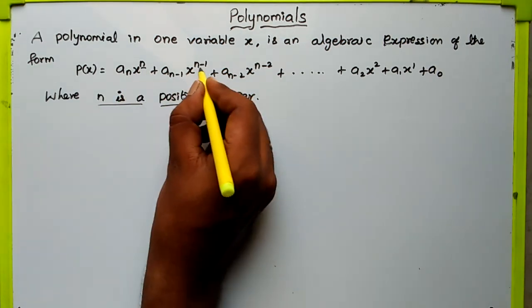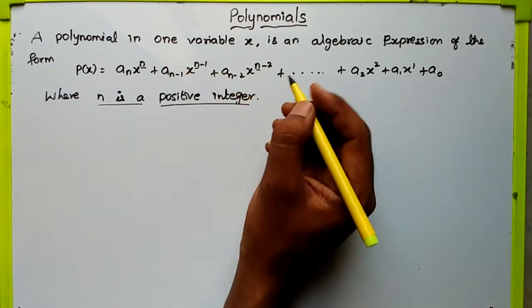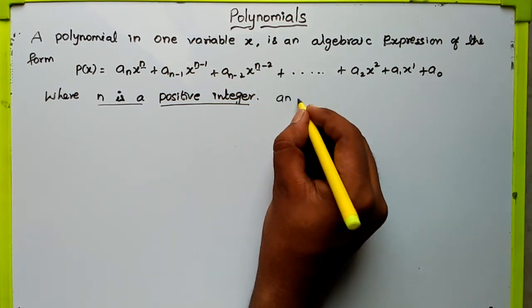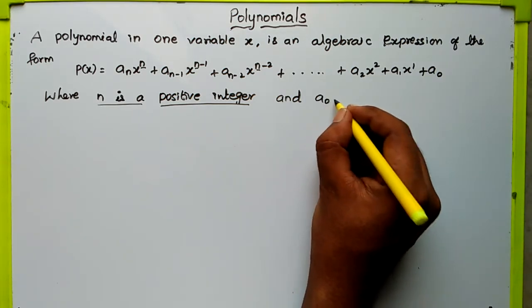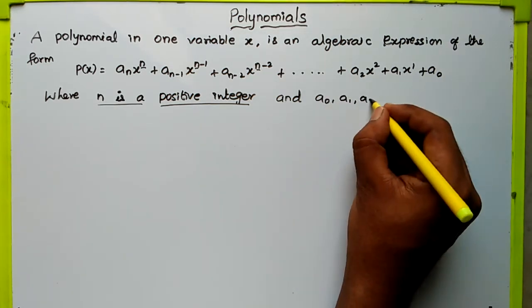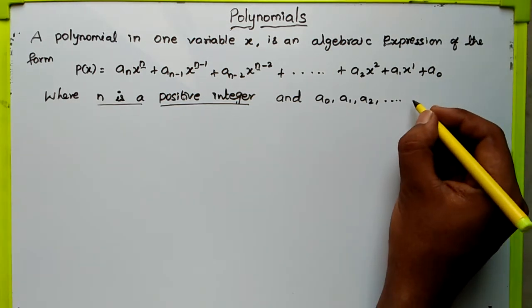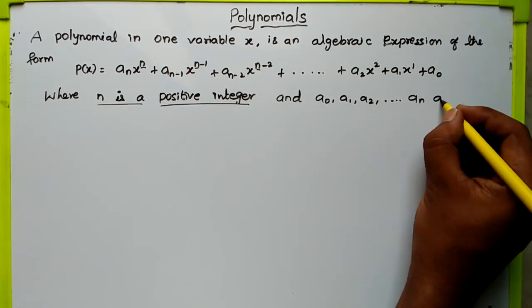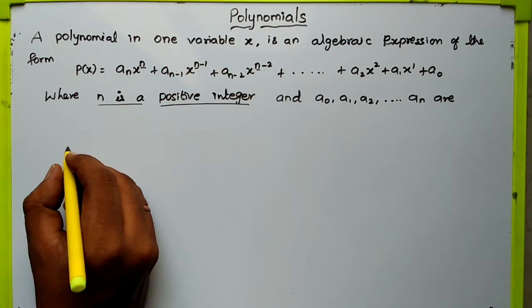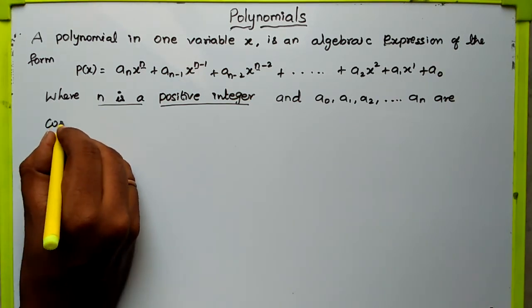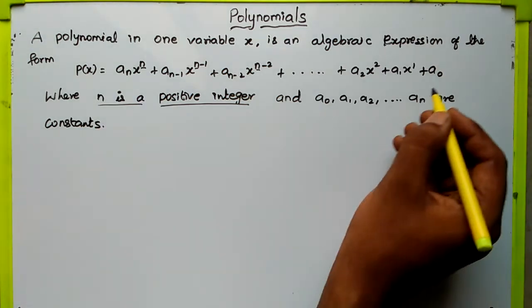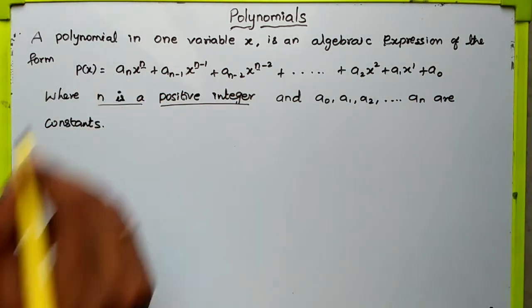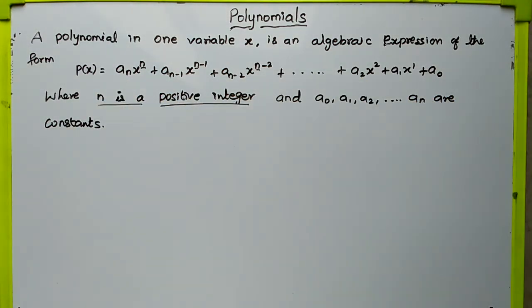Here the power n is a positive integer and a0, a1, a2, etc. an are constants.